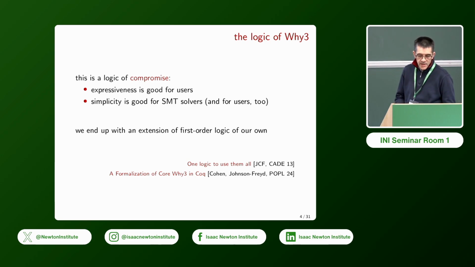So, okay. What we ended up with is an extension of first-order logic of our own, which was described more than 10 years ago in this paper, and more recently formalized in a very nice POPL paper this year. So if you are curious.